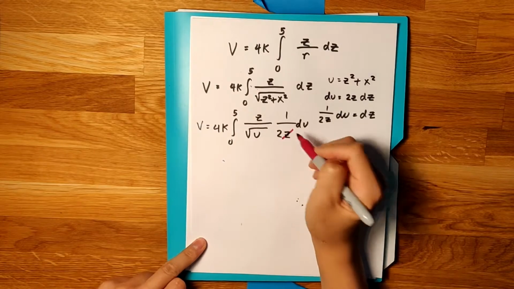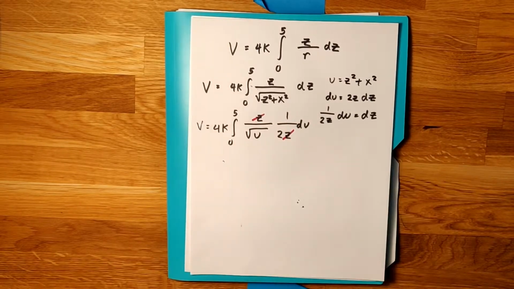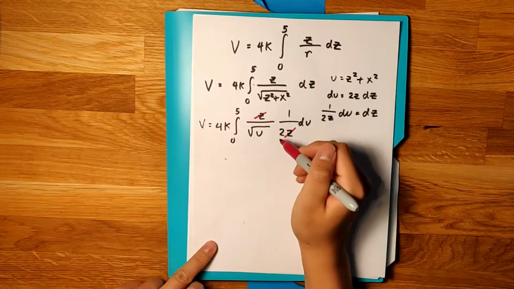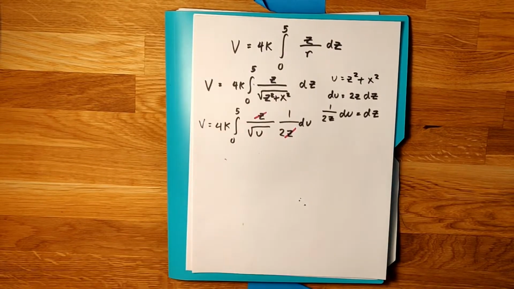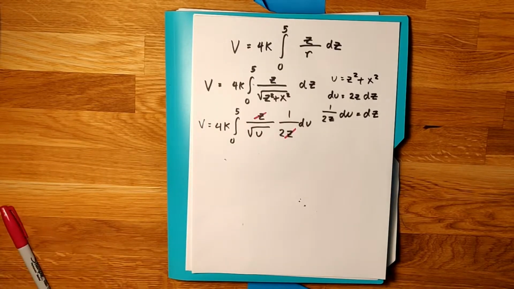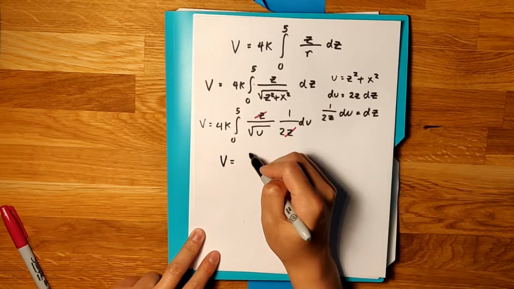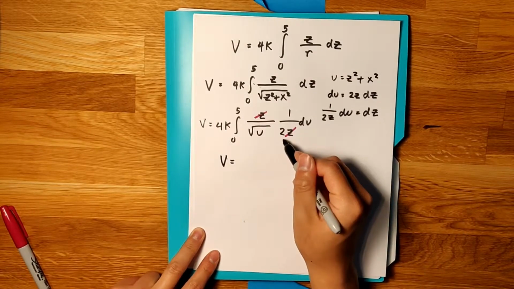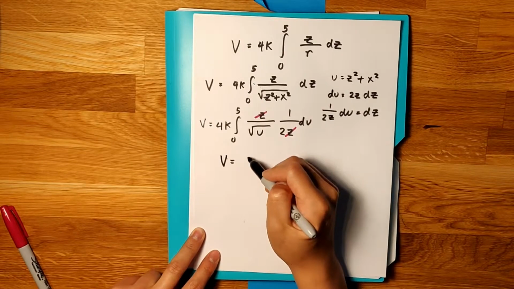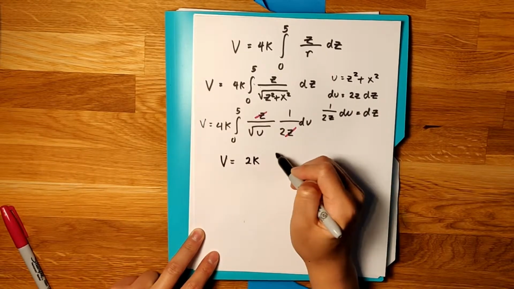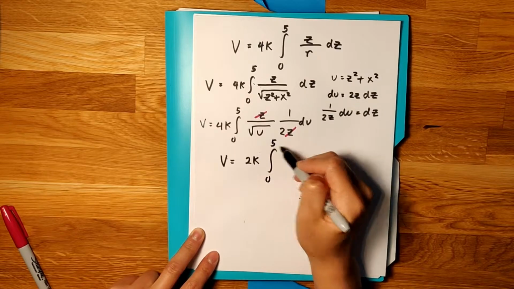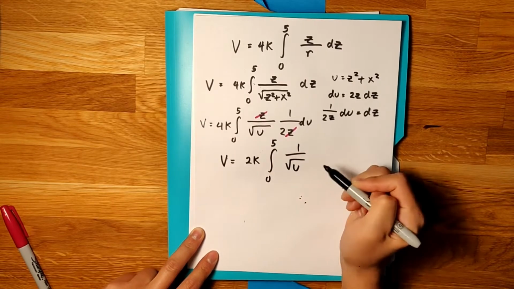So, these z's will cancel out, and then the 2 can go on the outside. So we'll be left with V equal to 4k divided by 2, which will then just be 2k, integral from 0 to 5 of 1 over square root of u.